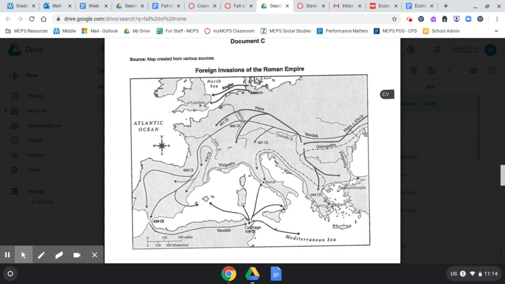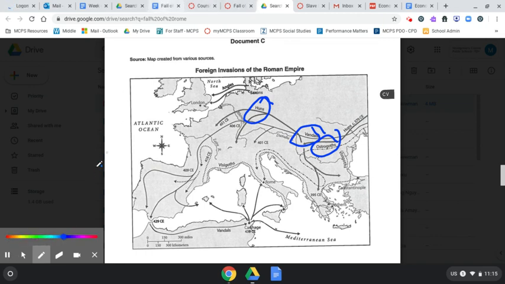As these groups like the Huns and the Visigoths and the Ostrogoths and the Vandals, I'm going to go ahead and circle some of these names. Vandals, Huns, Ostrogoths. As these groups are moving into Roman territory, they're going to obviously come into contact with the Roman military, and some people might think that's an invasion.